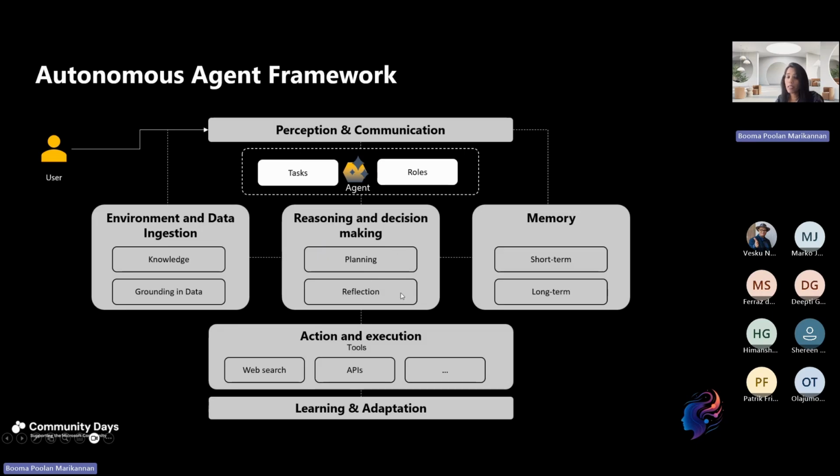And apart from that, if we have a requirement to store the response or the action taken by the OpenAI model or the agents, just activate the memory option. There are two types of memory, short term and long term.